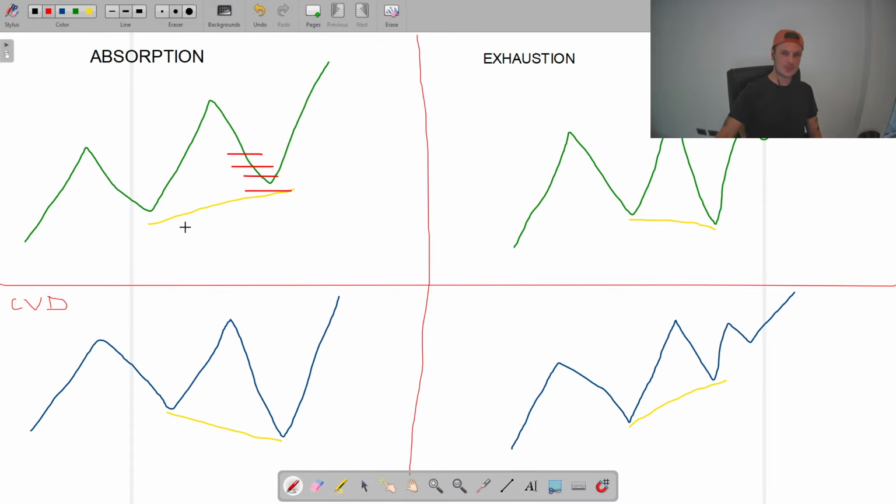But there's two kinds of CVD divergences. There is absorption, where price is making a higher low and the CVD itself is making a lower low. This one is absorption. It looks kind of like what you would call a hidden divergence if you were doing RSI divergences. It's the same principles in terms of what it looks like on the chart, okay?